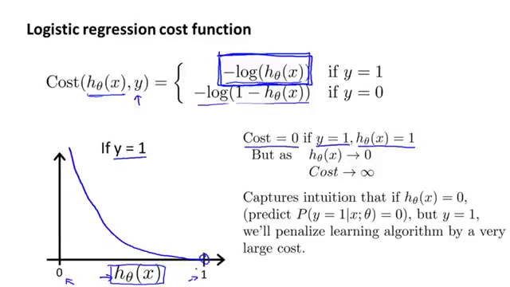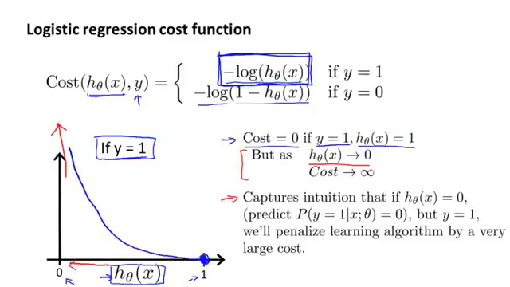That corresponds to this point down here, right? If h of x is equal to 1, and we're only considering the case that y equals 1 here, then the cost is down here, equal to 0. And that's what we'd like it to be, because if we correctly predict the output y, then the cost is 0. But now notice also that as h of x approaches 0, so as the output of a hypothesis approaches 0, the cost blows up and it goes to infinity.